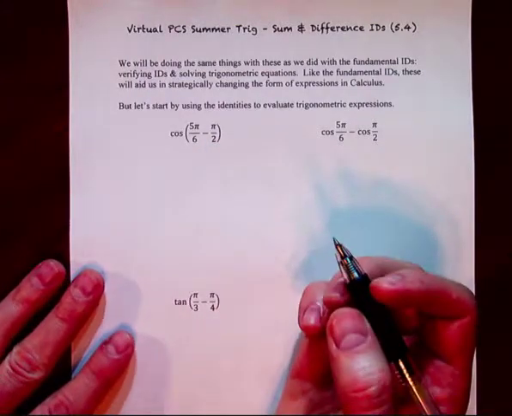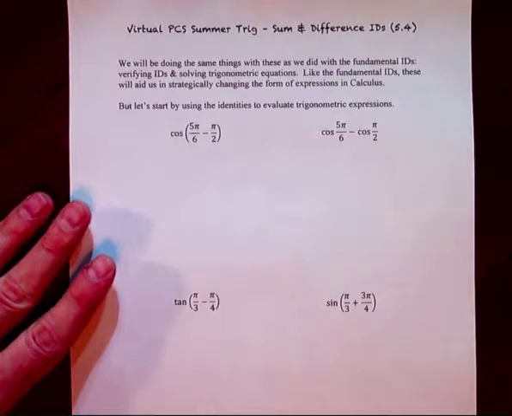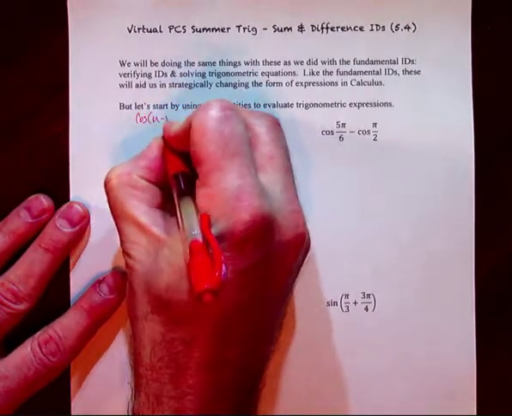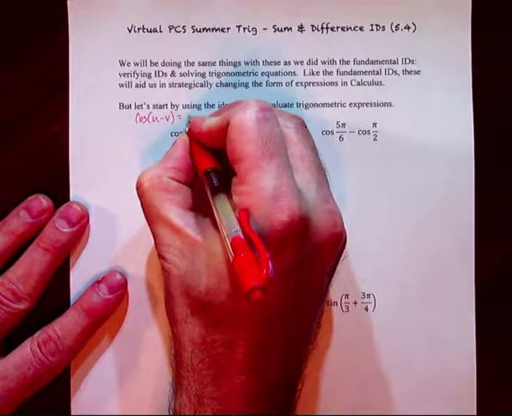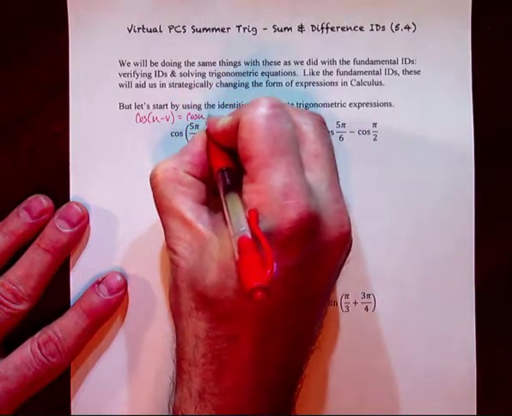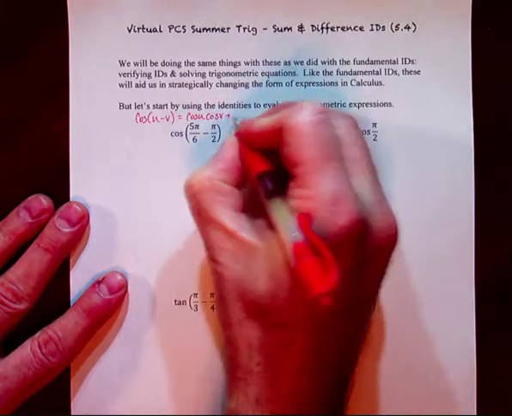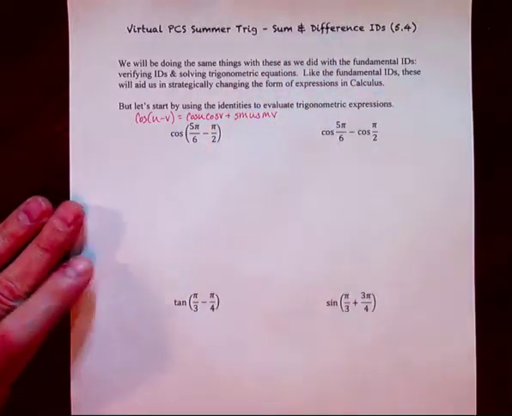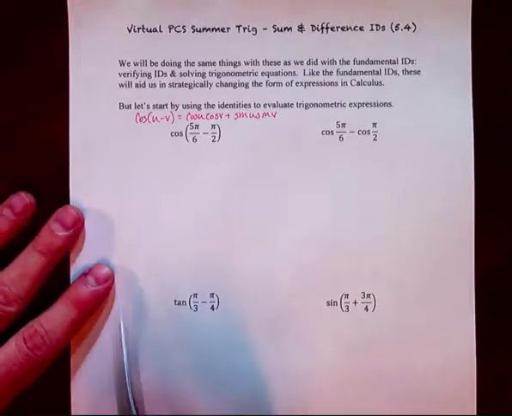But we do know the cosine identity, and the cosine identity is cosine of u minus v is equal to cosine u cosine v plus sine u sine v. And if that's the case, then it ought to be really simple.